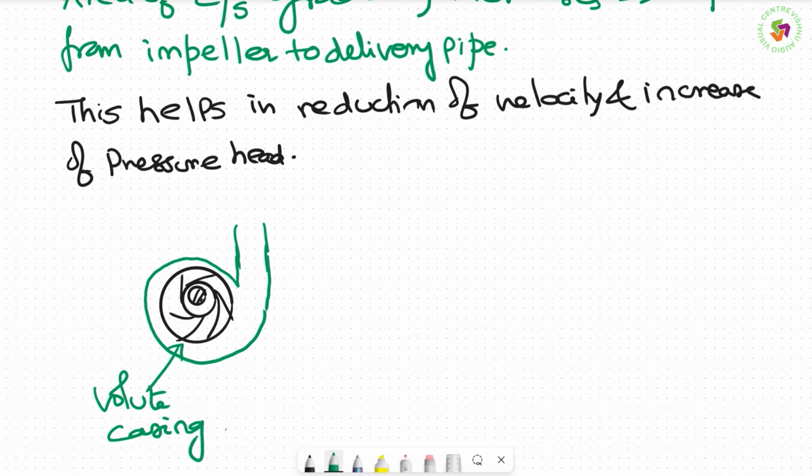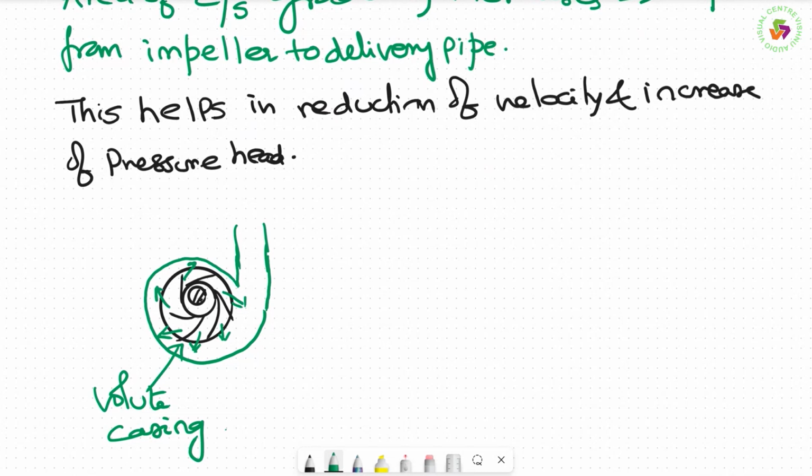In the case of volute casing, the water comes out like this, because in centrifugal pumps it is radially outward flow. When the water comes out of the impeller and flows through the casing, there will be a number of cross currents.